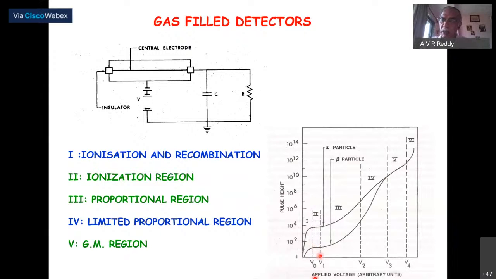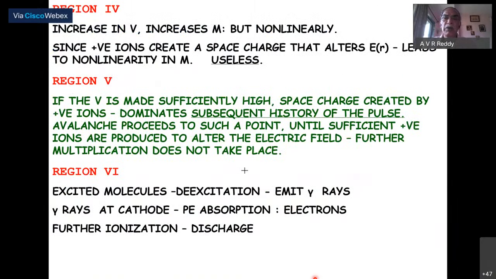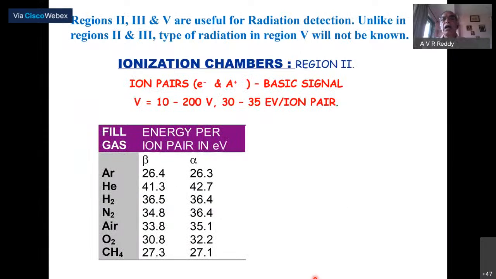Otherwise, later also you can ask. Okay, the explanation that I gave, I described in the next 2 slides, so I will not spend time on that. Now I will give you some examples on ionization chamber. As I told just now, regions 2, 3, and 5 are useful for making radiation detectors.